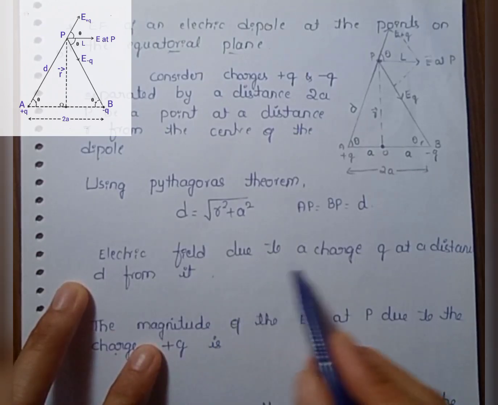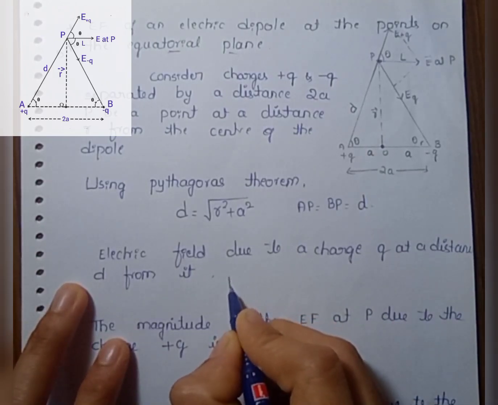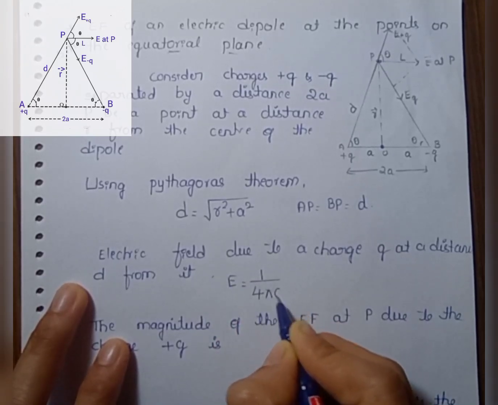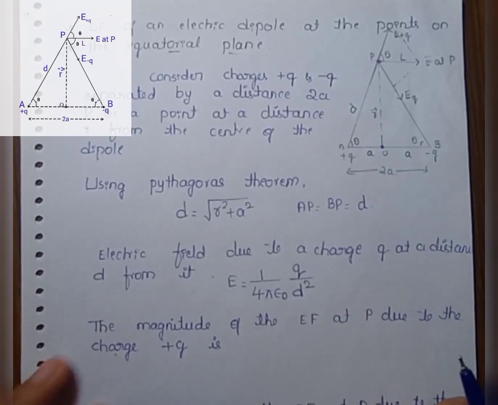The electric field due to a charge Q at a distance D from it can be written as E is equal to 1 divided by 4 pi epsilon naught Q divided by D square.